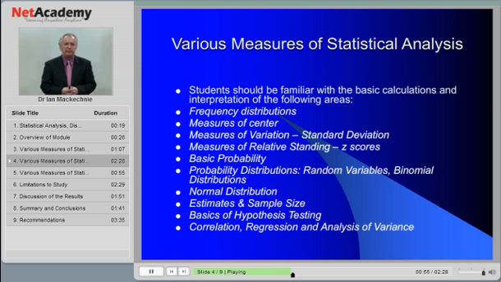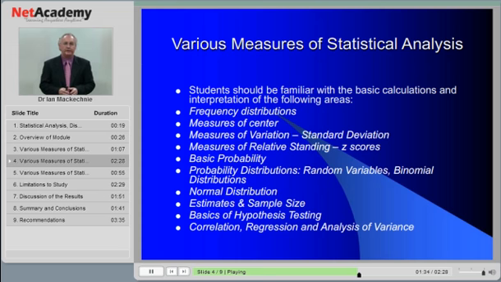Basic probability is important to revise too, because we need to be able to do some probability distributions, calculating random variables and binomial distributions. Also, we need to be able to do some basic statistics in relation to sampling and estimating. This is important, of course, with sampling, sample size and selection of our samples, deciding what percentage of the population we are going to test.